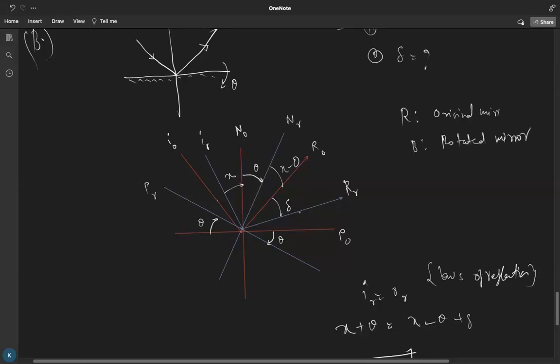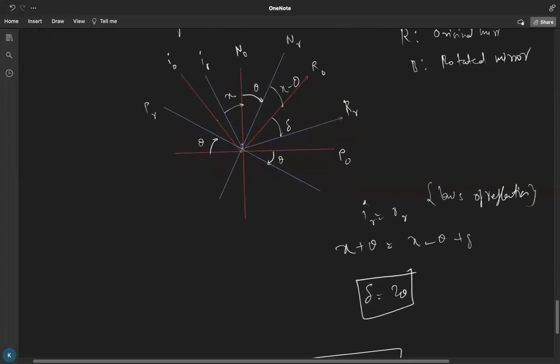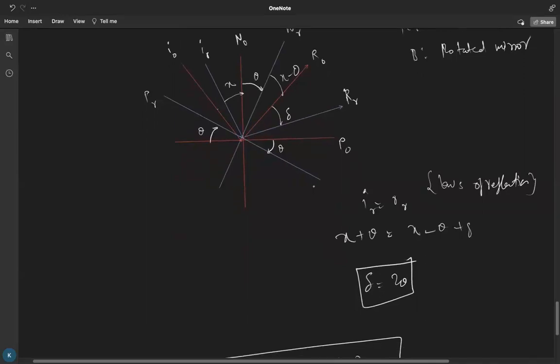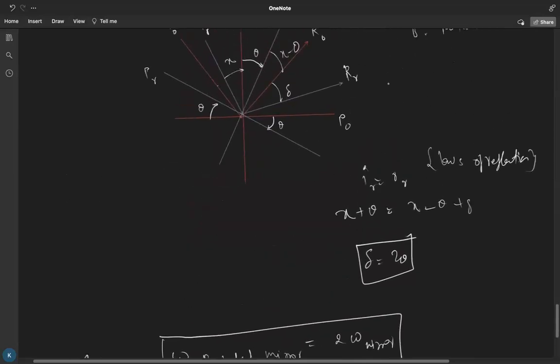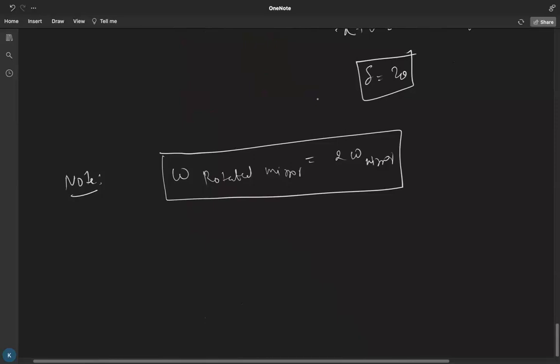So if I rotate the plane mirror by theta, how the angle of incidence and so on change, we have to calculate. Applying the laws of reflection, the incident angle is x plus theta and the reflected angle is x minus theta plus del. So we get the relation that the angle of deviation is 2 times the angle of rotation, right? This is something you have to keep in mind.